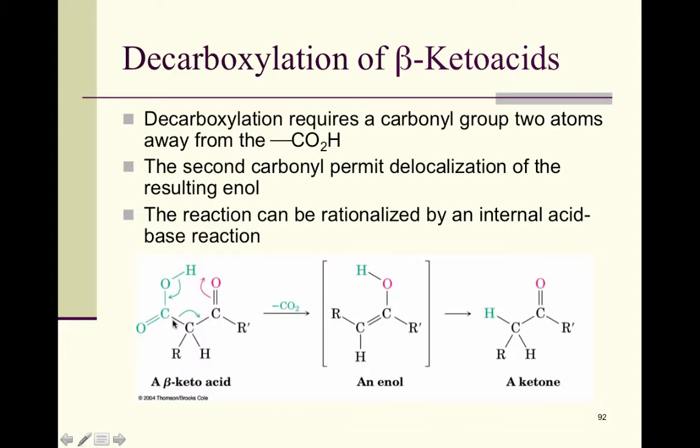When it becomes planar with itself, what's going to happen is we're going to lose CO2. CO2 is going to leave, and we will form an enol. When we have the enol, the hydrogen on the OH piece of the enol is going to go to the alpha position, and we're going to form a ketone.